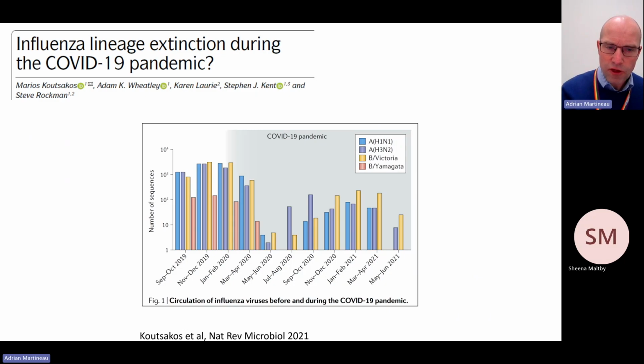And what you can see is that up to March or April 2020, all 4 of these colours are represented. But after that, which obviously coincides with the onset of the COVID-19 pandemic, we're just seeing blue, purple and yellow bars, and this orange or reddy bar representing B Yamagata has disappeared.